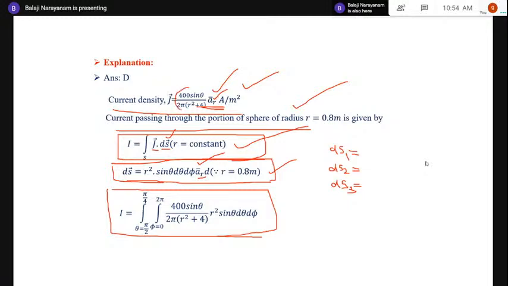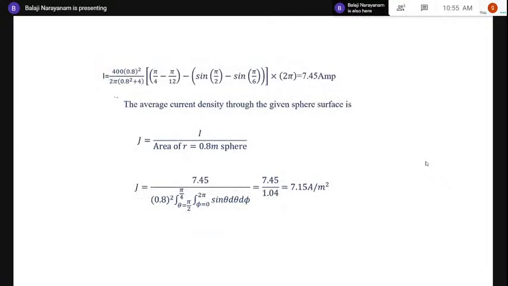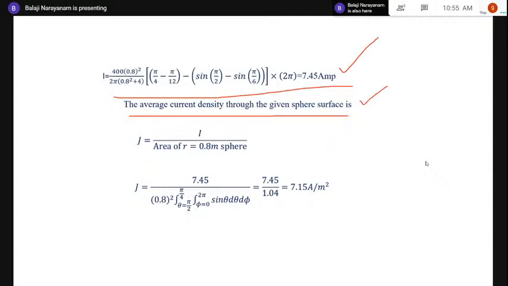Whatever this 400 sine theta divided by 2 pi r square plus 4 was taken as the J value. r square sine theta d phi is the differential surface vector that was taken here. Now you may integrate, and as a result we are going to get 7.45 amperes.